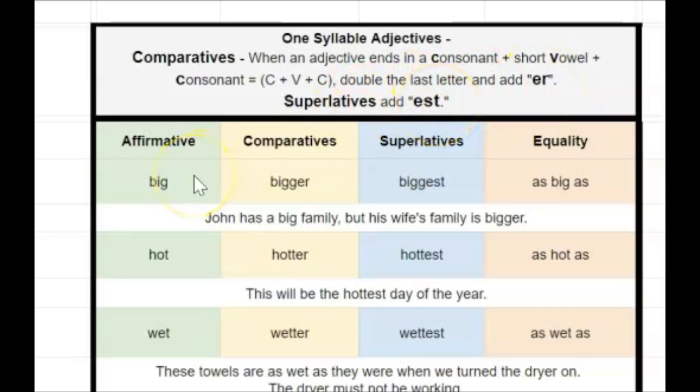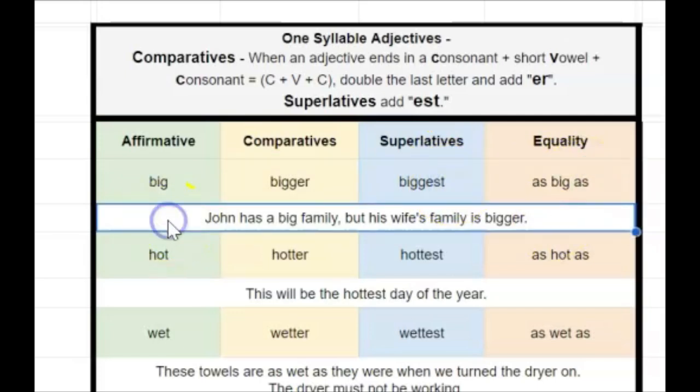The first example adjective is big. We add the consonant and then ER for comparative, bigger. For superlative, again, add the consonant and then add EST for biggest, and equality as big as. Example sentence: John has a big family, but his wife's family is bigger.